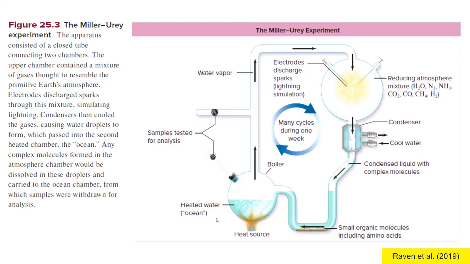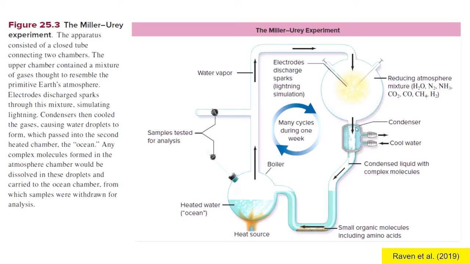What they did was heat the water, or heat the oceans, with a heat source possibly coming from hydrothermal vents from the magma chamber. As the water boils, of course it evaporates and goes into the gas chamber, where, as I mentioned a while ago, they were trying to recreate Earth's primitive atmosphere. In the condenser, the water vapor cools, causing water droplets to form.